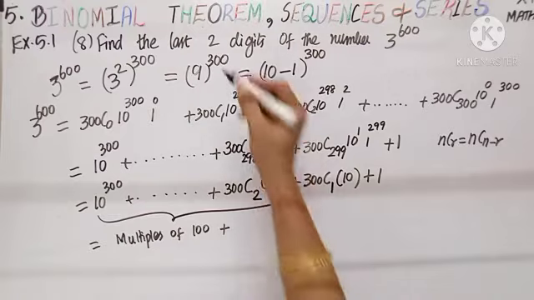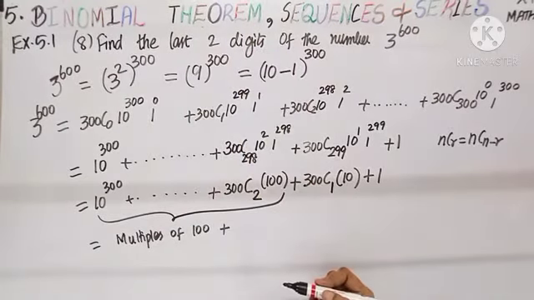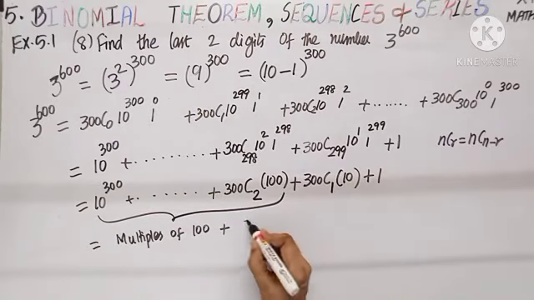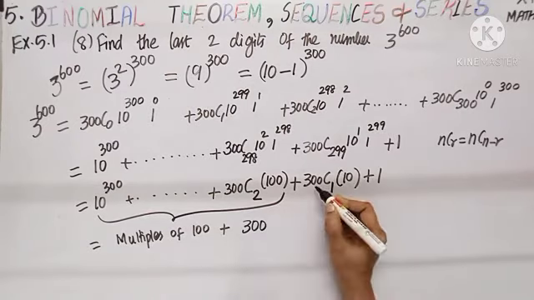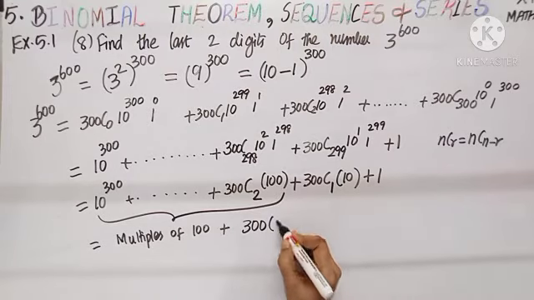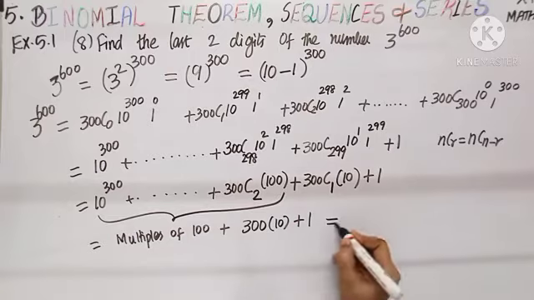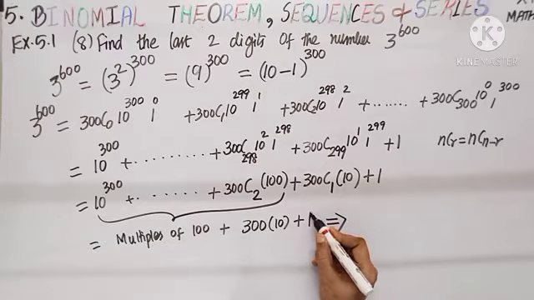My question is last two digits. So multiples of 100, let us forget. Coming up here, 300C1 is 300 into 10 plus 1. So this is implying the last digit will be 1.